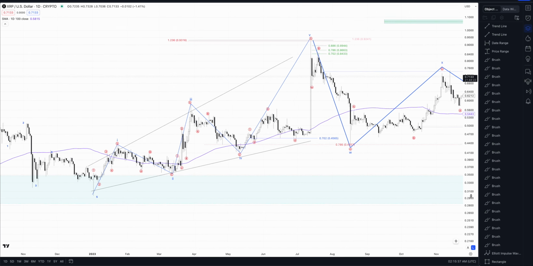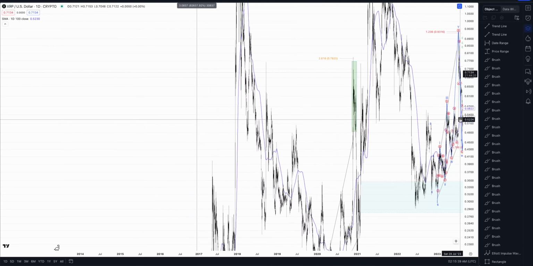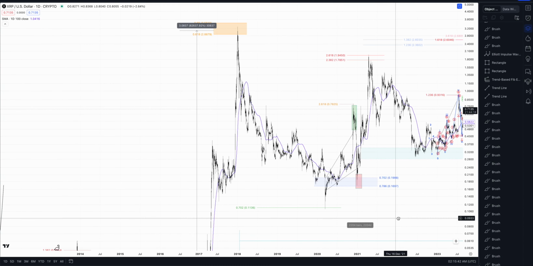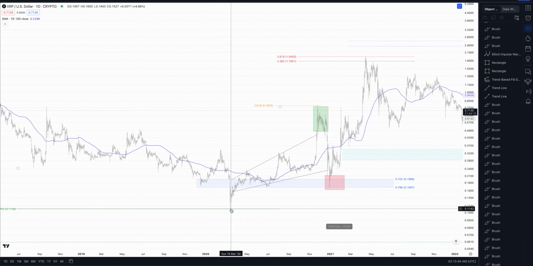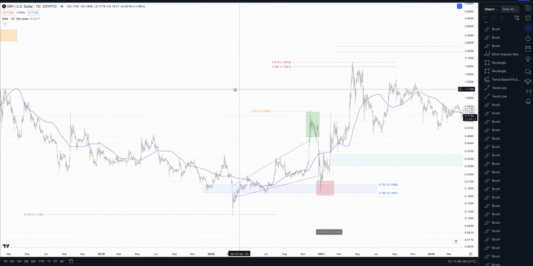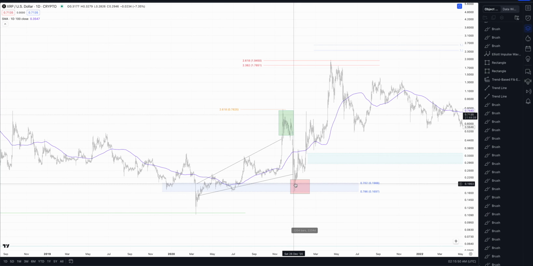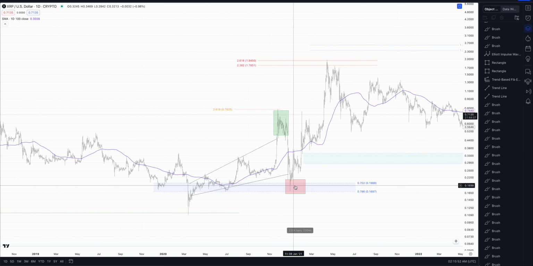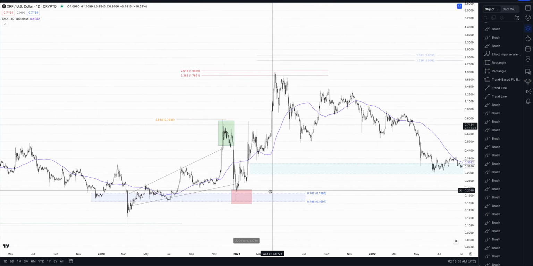Look over here. Back in March 2020, we bottomed out at the 702 when we use our trend-based fib. Okay, this capitulation wick over here bottomed out at the 702, 786.